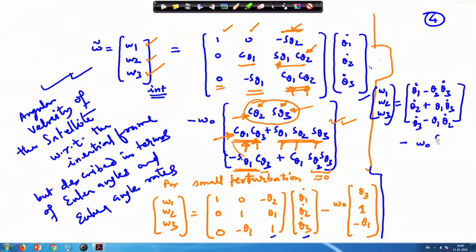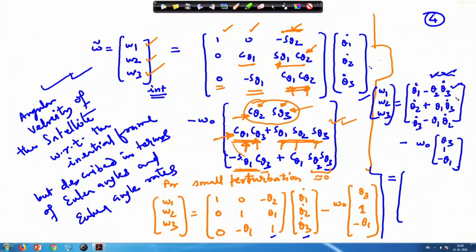So this is omega 0 times theta 3, 1 and minus theta 1. So this can finally be written as, if we do further approximation to this. The second order terms here, like theta 2 times theta 3 dot, these are small angles and small angular rates, so this type of terms can be neglected.